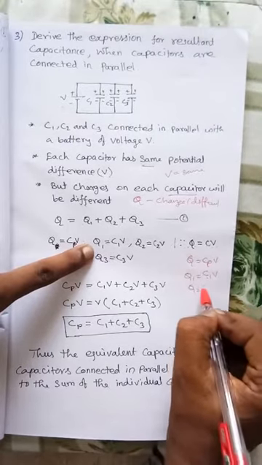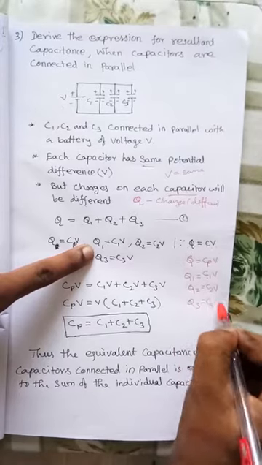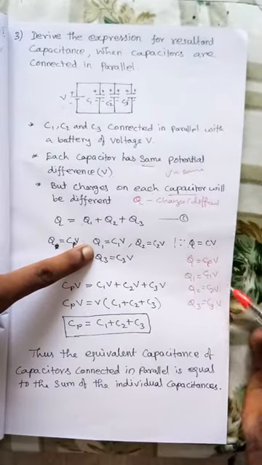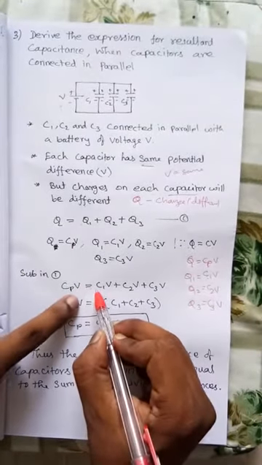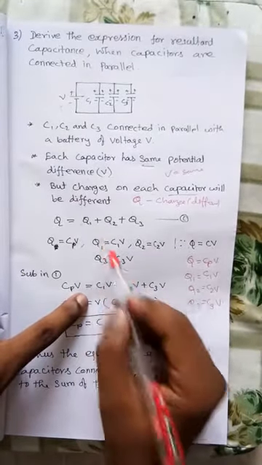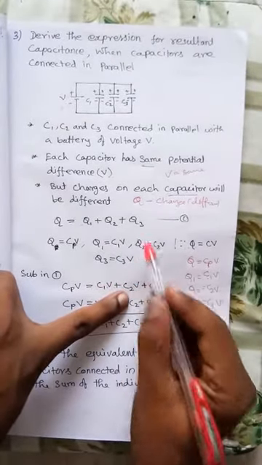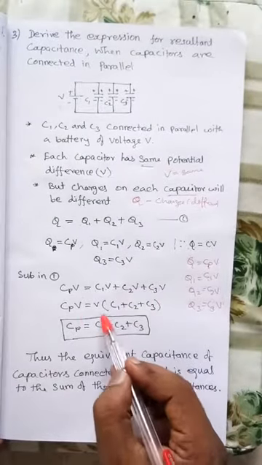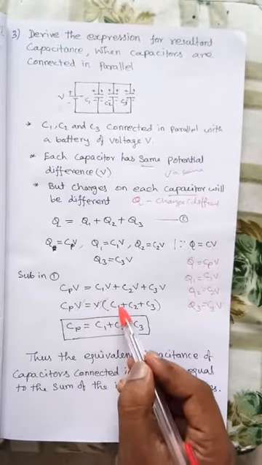Q2 is C2V, and Q3 is C3V. V does not change, only the capacitance changes. Substitute in the first equation: Q, which is CpV, is equal to Q1 plus Q2 plus Q3, which is C1V plus C2V plus C3V. Here V is common, take it outside. V cancels.